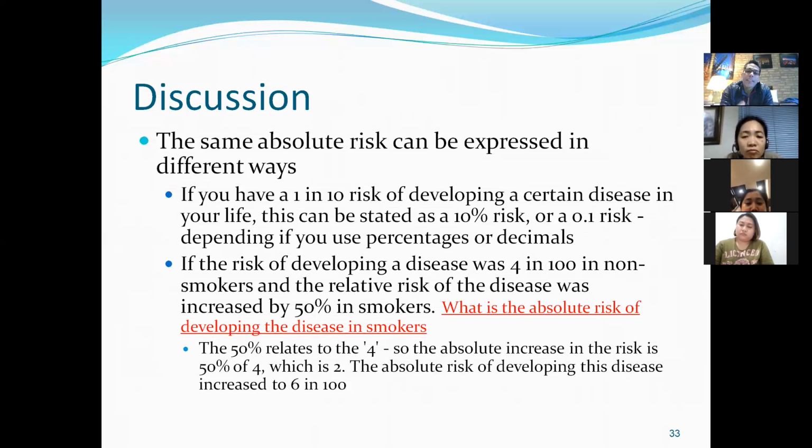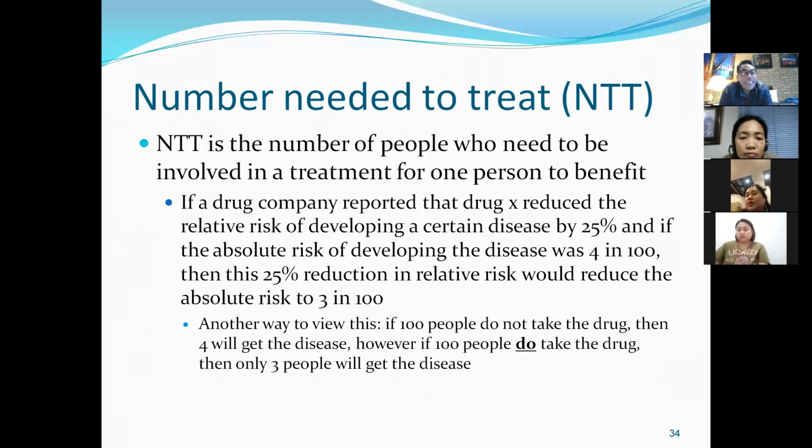And so there are so many variables that need to be plugged in, and this is not a very popular way of reporting epidemiology of disease. And the other one that's not very popular is the number needed to treat. This has gained a lot of attention, especially for mammography. So the number needed to treat is the number of people who need to be involved in a treatment for one person to benefit.